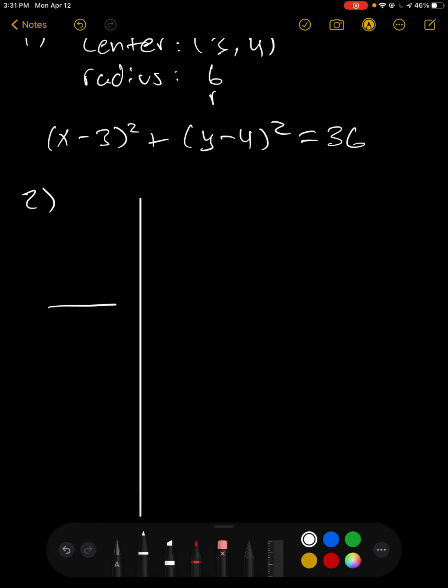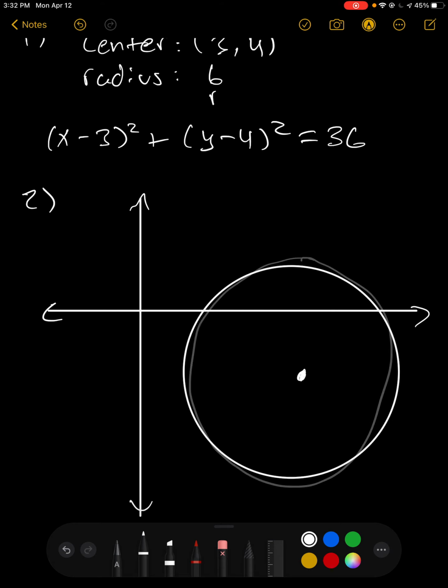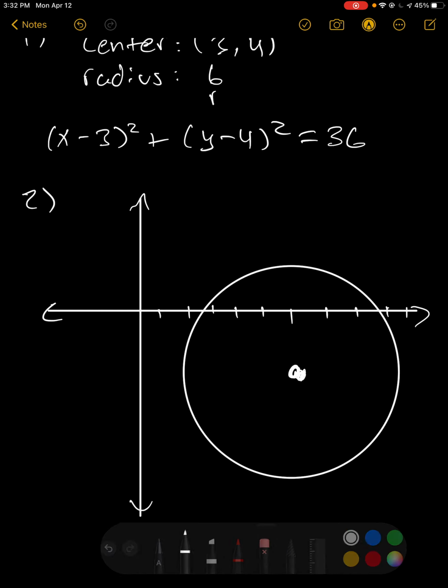Let's say that we have our circle here, about right there, right? Let's say this is the center of the circle.